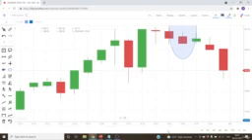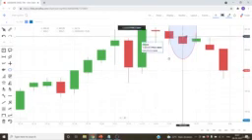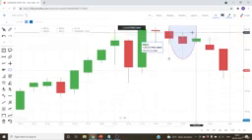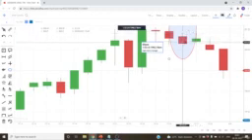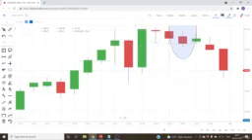It means the candle opened at this price, it made a high of this price, it made a low of this price, and it closed at the low point or the lowest point of that particular minute or time frame. Since it closed at the low, which means that the low and the close price is the same, and hence it will not have a tail to it. Similarly, if the high and the close price is the same, the candle will not have a head to it.